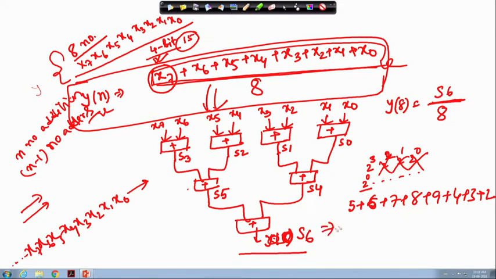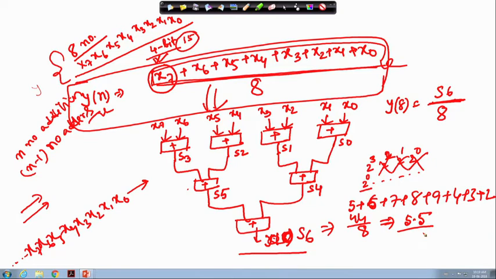Okay. So, what is the number? 11, 18, 26, 35, then 39, 42, 44. 44 divided by 8. So, what will be the corresponding output of this? That will be 5.5.